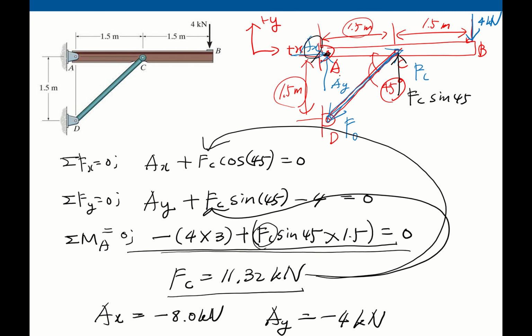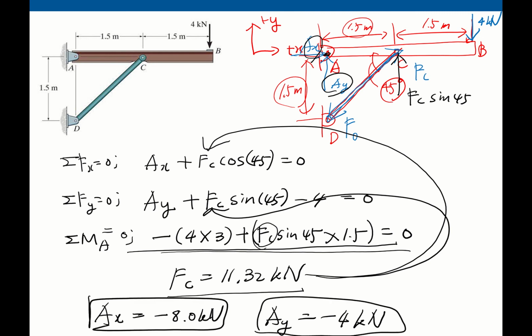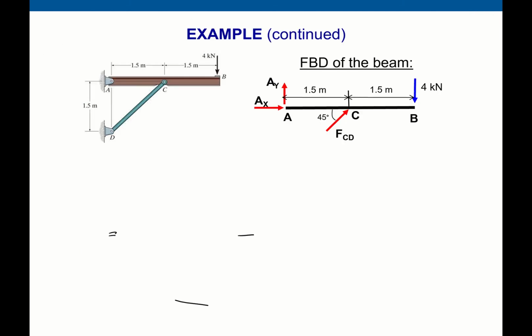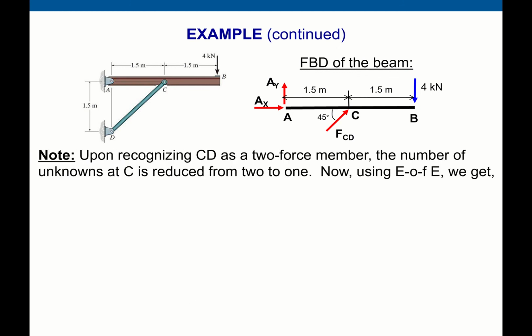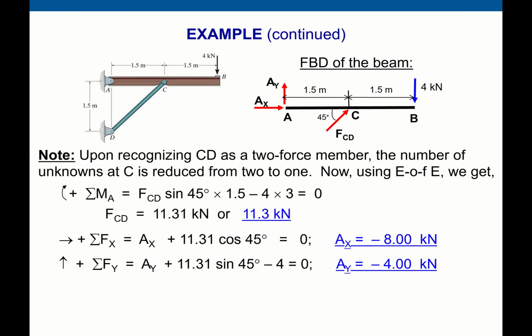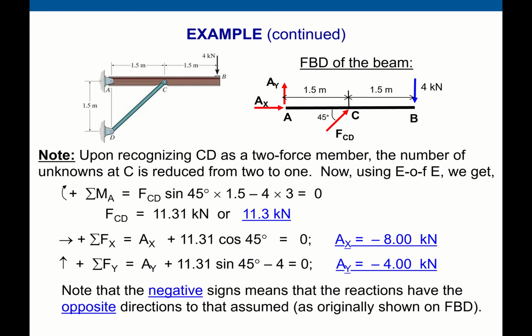You can see the direction of these two support reactions: AX is positive to the right, AY is positive upward, but based on our calculation, we can realize that our assumption was wrong. So it should be in the opposite directions. Here we have answers.